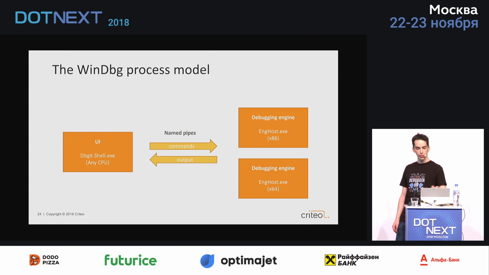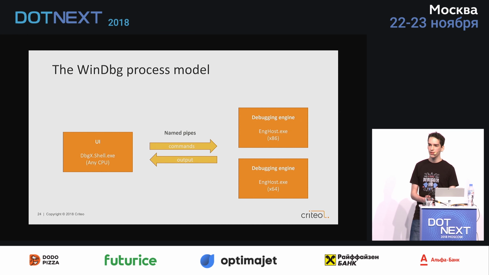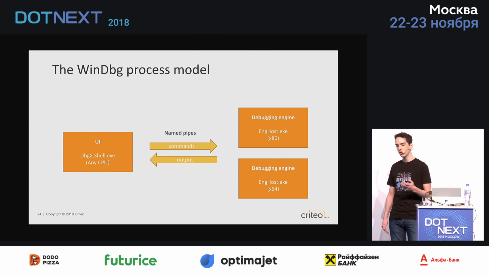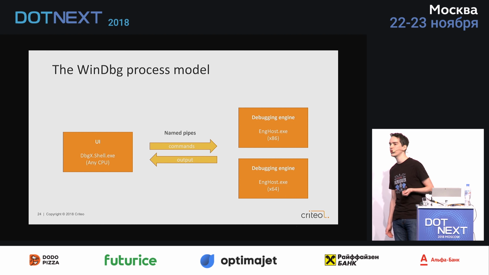The process that you launch is dbgx.shell.exe, which is compiled for any CPU and just runs the UI. Whenever you open a crash dump or attach to a running process, it checks the bitness of your target, and then it has two versions of enghost.exe that come with the application.